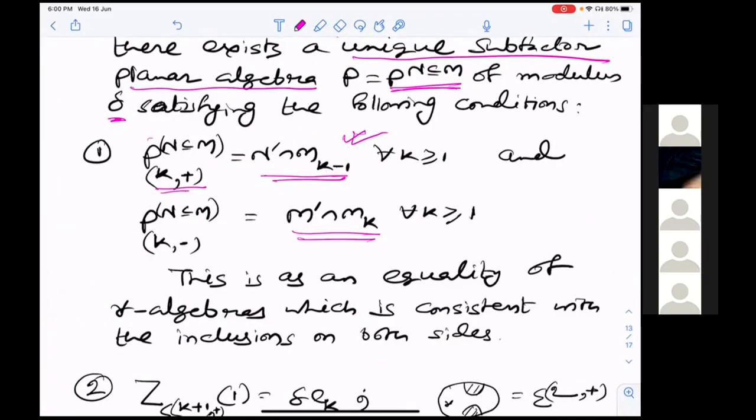So this is an equality of star algebras, not even C-star algebras, which is consistent with the inclusion on both sides. This is very important. So given a subfactor, we have hooked up a planar algebra. Of course, I will not prove it. We can hook up a planar algebra whose vector spaces are related by the subfactor in this way.